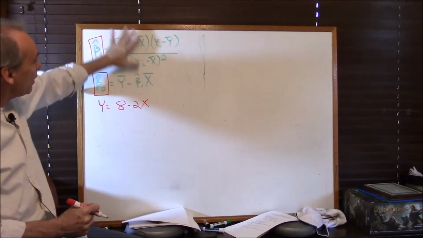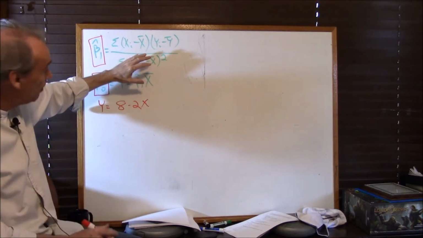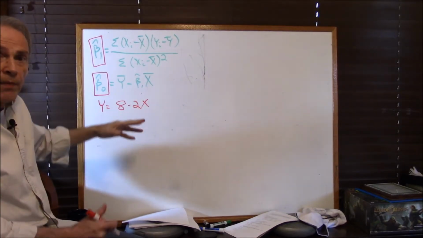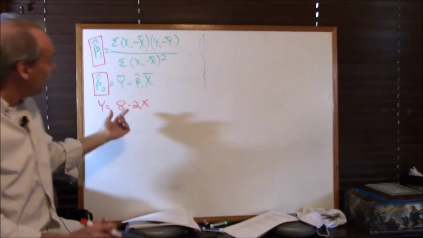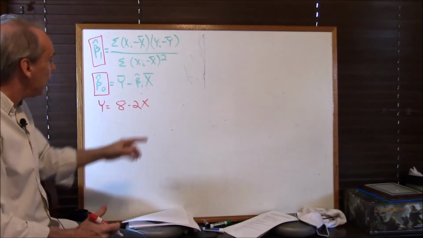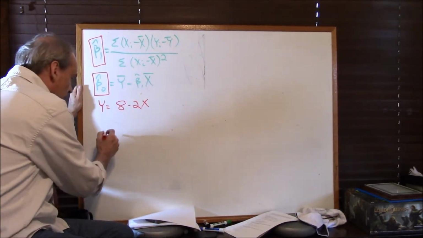Then I'm going to do this stuff up here, and it's going to come out to tell you that the intercept is 8 and the slope is negative 2. So we'll have confidence that it works, because we created the data with this, and then the data are going to lead us back to this at the end. All right? So here's my little table of data.